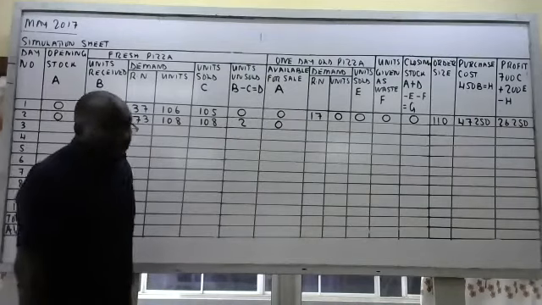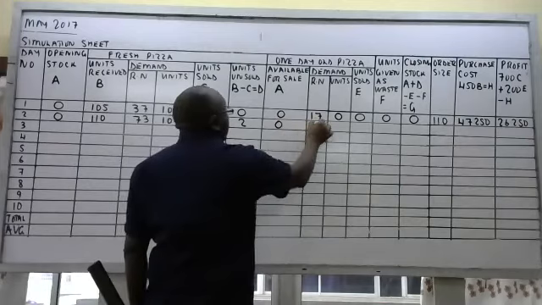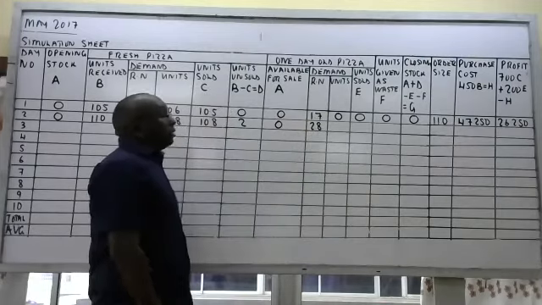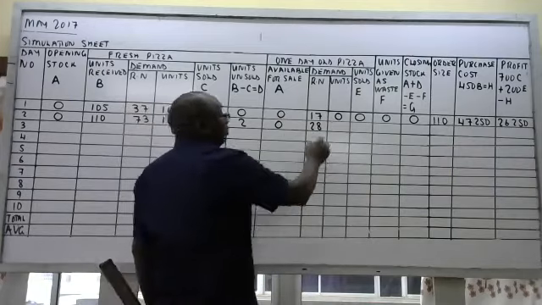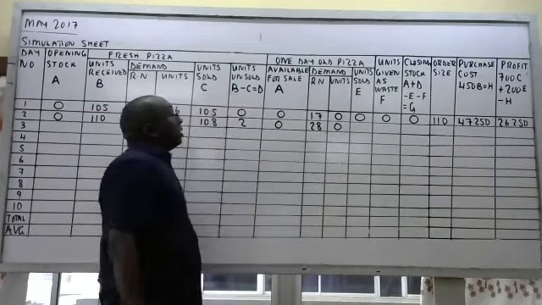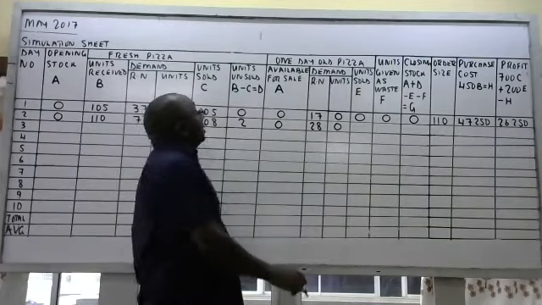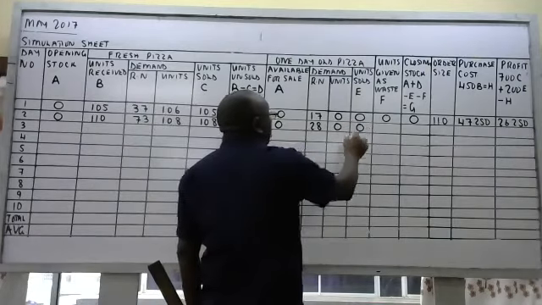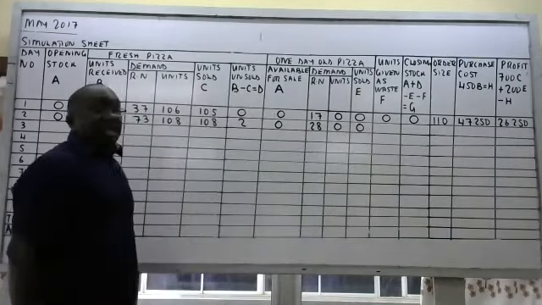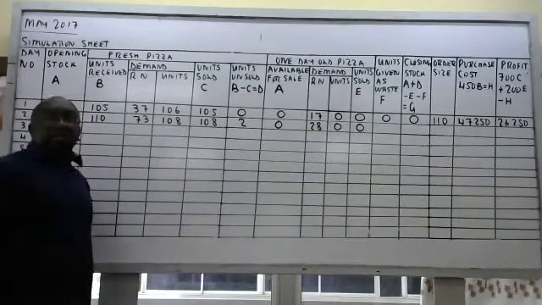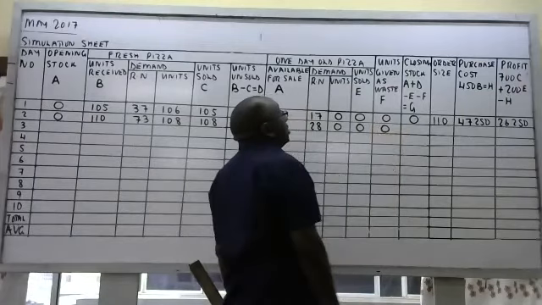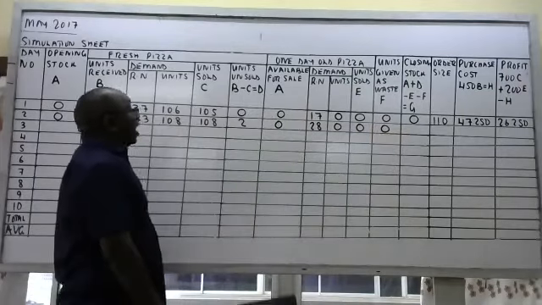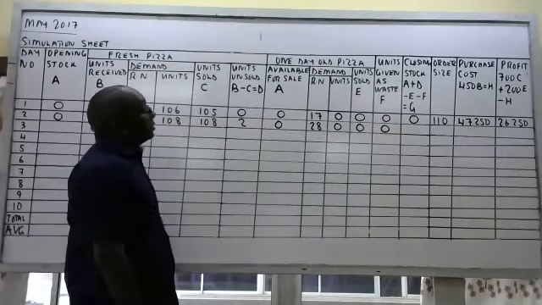So the next random number is 28. So that gives us how many? 0. And therefore we sell 0. Anything to give us waste? No. Closing stock now will be how many units?